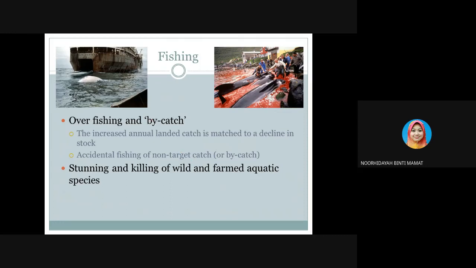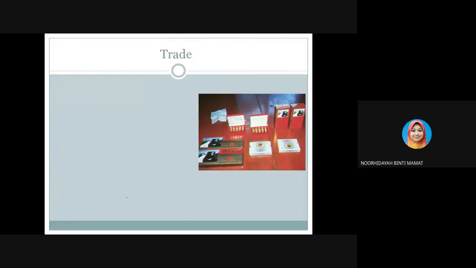Also, the humane stunning and killing of mammals and avians is a subject which has been scientifically investigated with important practical applications. Then the next relationship between humans and wildlife is trade.